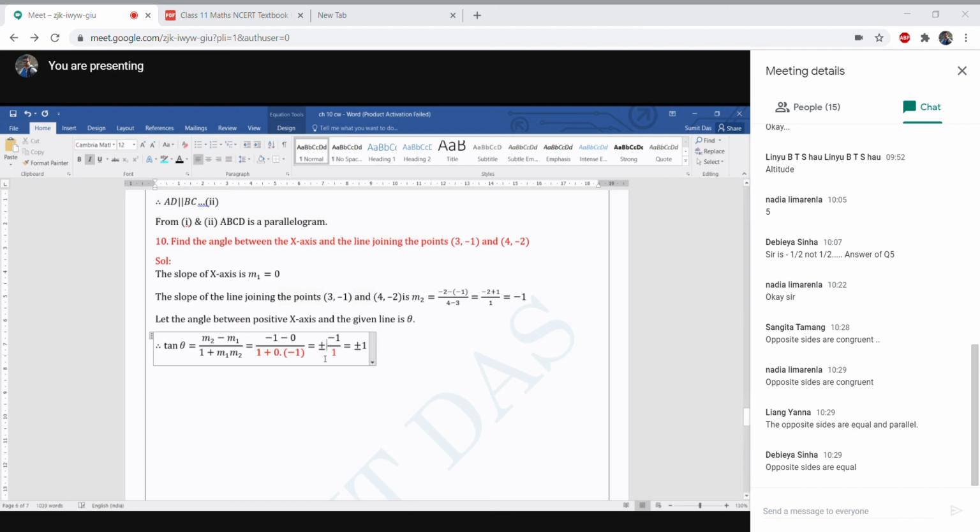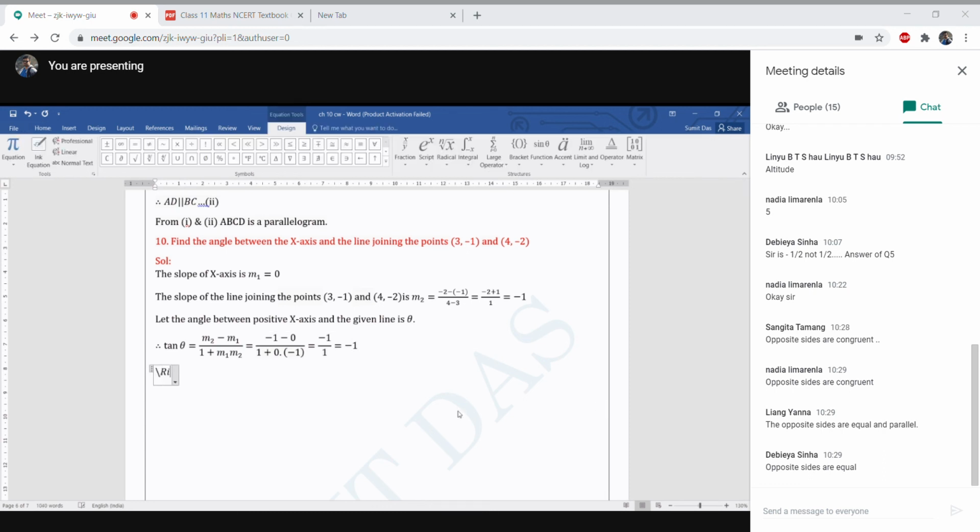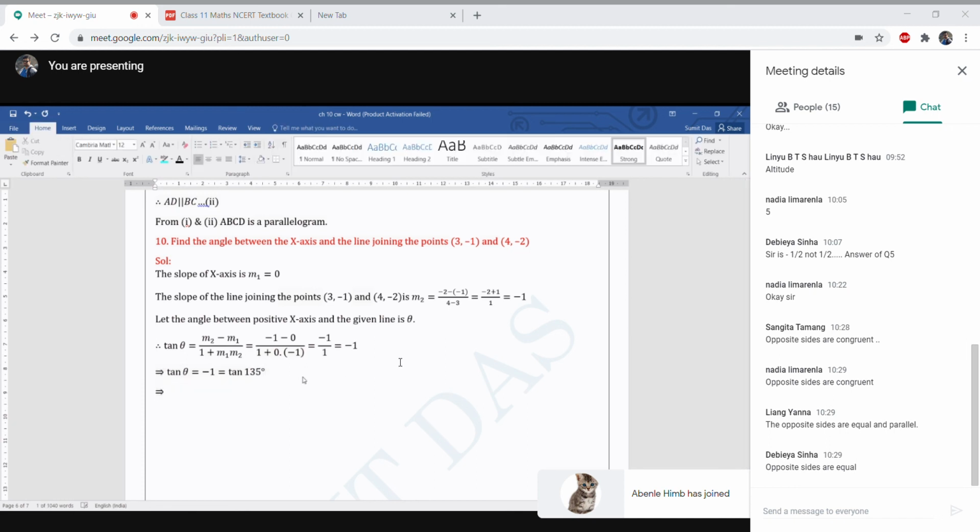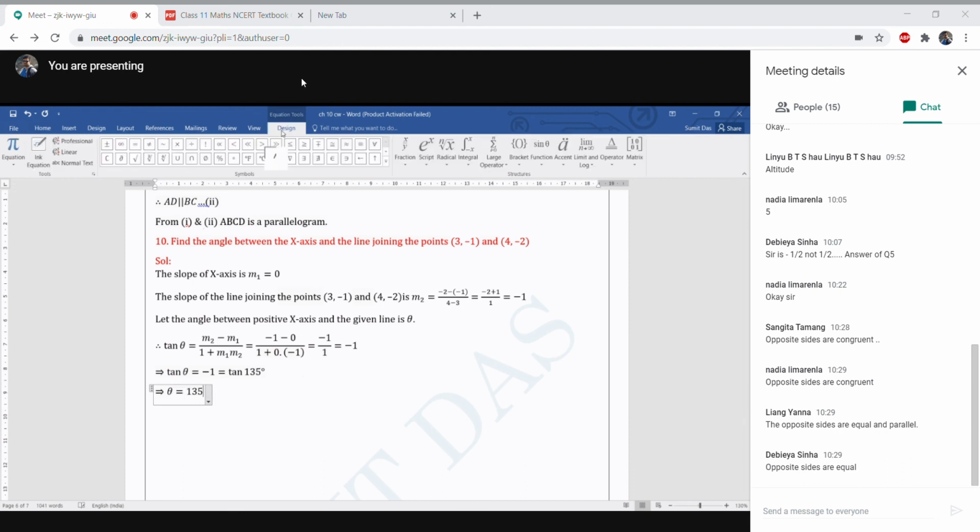Here it was -1. So tan theta equal to -1, which is equal to tan 135 degree. Therefore theta equal to 135 degree.